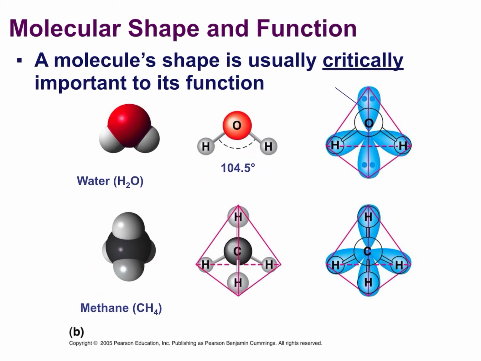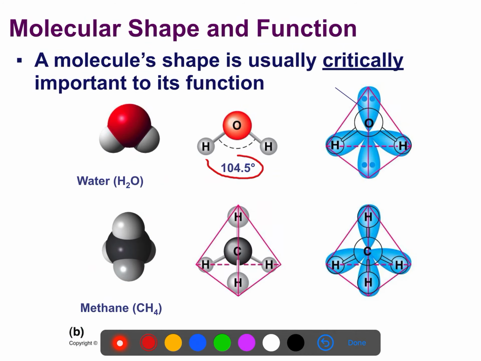So molecular shape is very important when it comes to biology. The shape gives rise to the function. We can first see that in bonding. And so the fact that these hydrogen atoms are 104.5 degrees apart is what allows water to so easily hydrogen bond with other molecules of water, or makes it so readily available to bond with different ions.